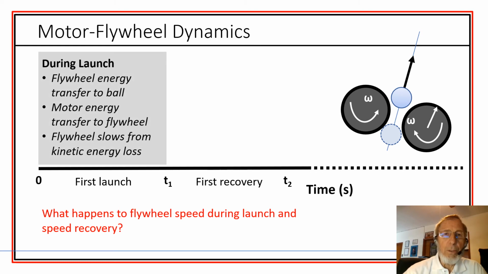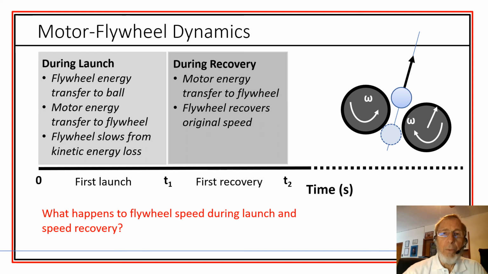So during the launch, the flywheel will transfer its energy to the ball, as much energy as the ball needs for its launch velocity. The motor energy that's put out during this period of time is going to be transferred to the flywheel, and the flywheel is going to slow depending upon the difference between how much energy the ball takes and how much energy the motor adds to it.